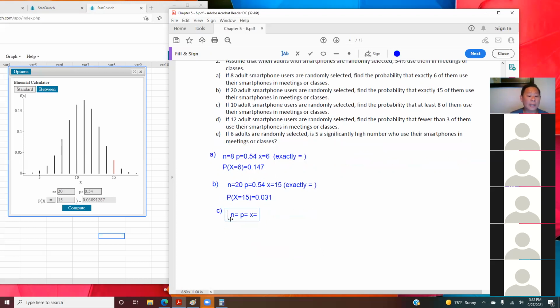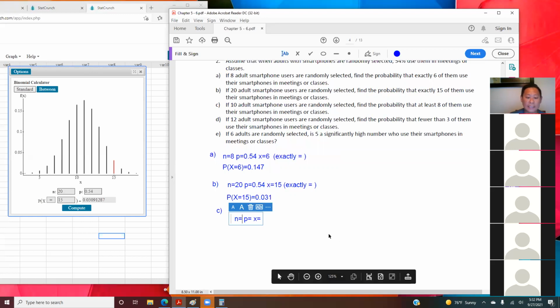Okay, read part C again. A lot of reading here now. Yep, chapter 5 onwards is a lot of reading. And in the test, I recommend you underline or highlight the important keywords, like exactly, which is what you saw in part B. Anyone know N for question C?